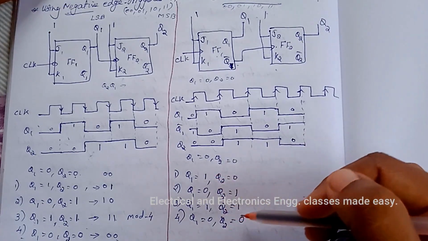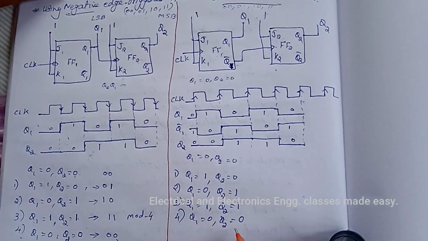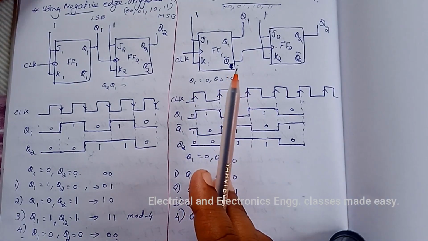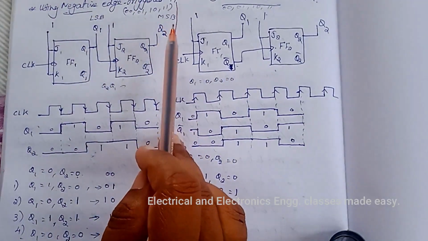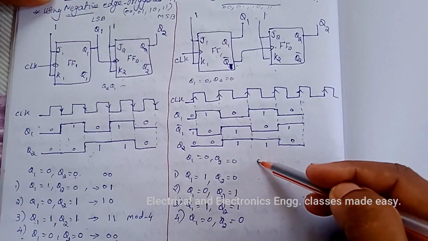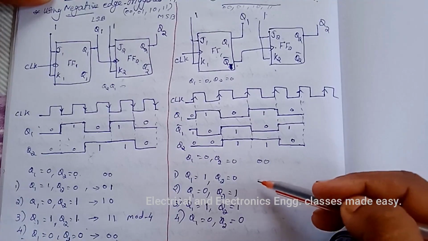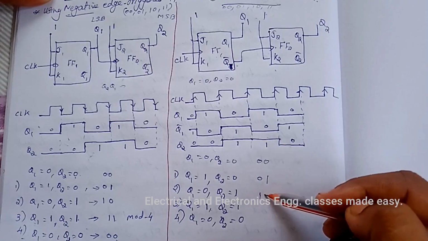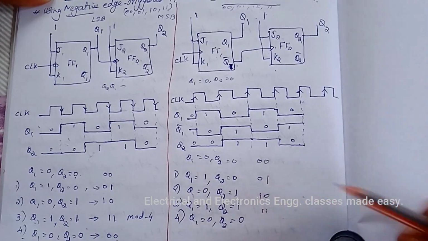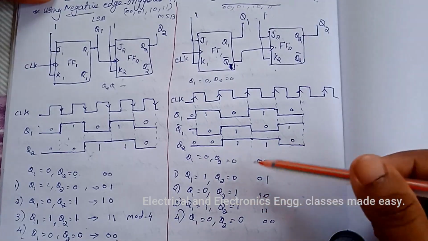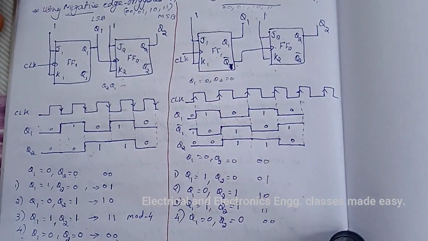So this is the case for this positive going edge triggered 2-bit ripple counter. So here first case is 0 0, next is 0 1, then 1 0, 1 1, then after the fourth clock pulse it will become 0 0 again, that is it will continue like this.